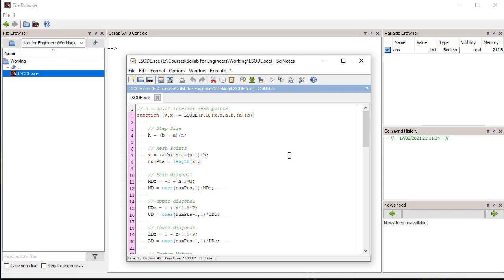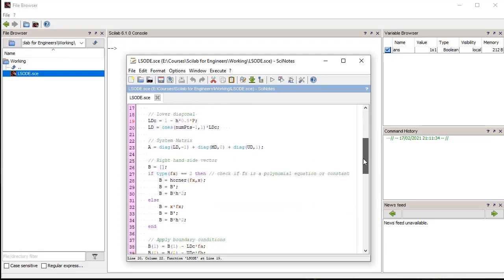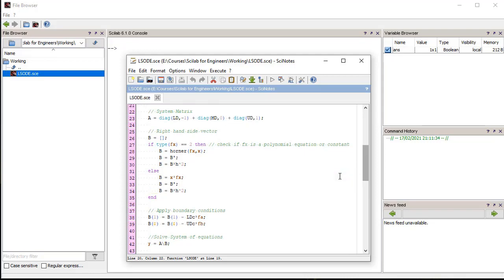First, we calculate the step size h, and then we calculate the location of mesh points using colon operator. Then, we calculate the main diagonal MD. Here in this code, for simplicity, we have assumed that terms p and q are constants, instead of functions of x. Likewise, we calculate lower and upper diagonals, and then combine all the three to form matrix A.